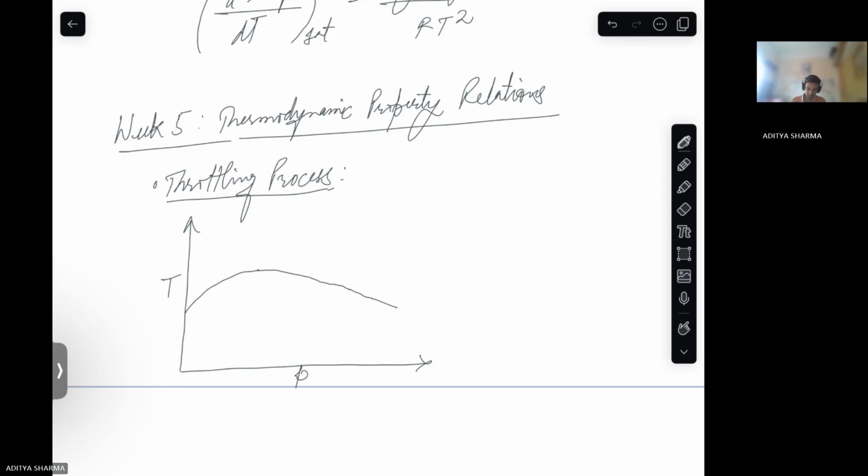So first of all, it's an isenthalpic state.